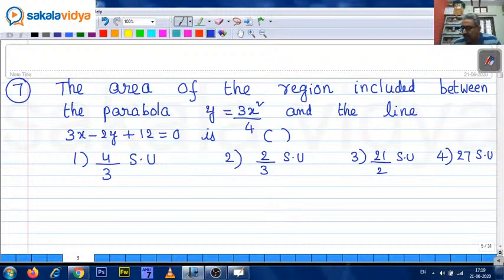What is the a value here? A value is 3 by 16. Okay, let us check it.